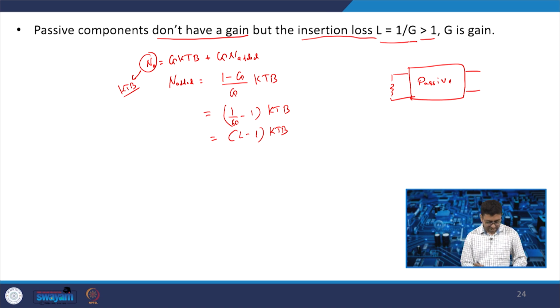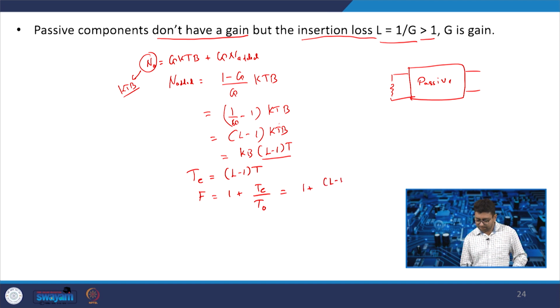Now there is a change in the temperature, so we can also write k B (L minus 1) into T. This is the temperature change, given by the equivalent temperature Te equal to (L minus 1) into T. We put this Te into the noise figure equation, F equal to 1 plus Te by T0, which is 1 plus (L minus 1) T by T0.